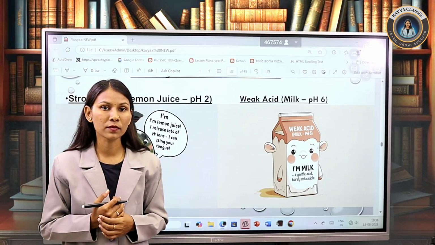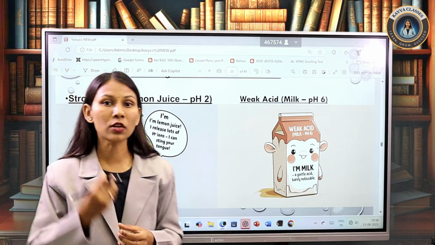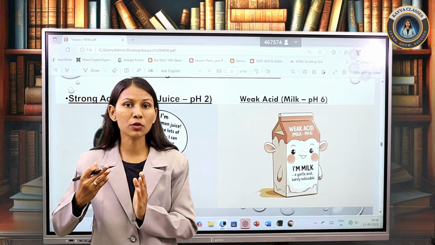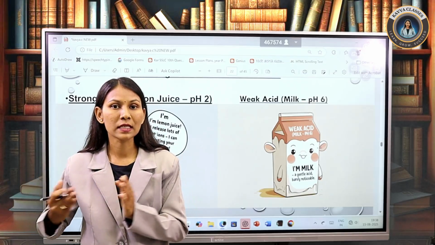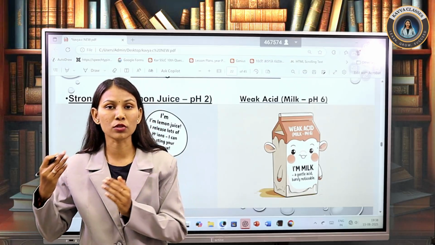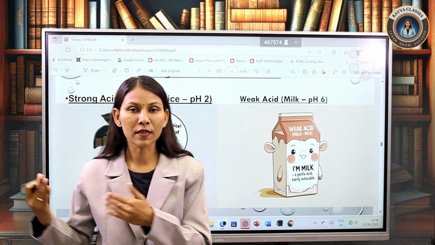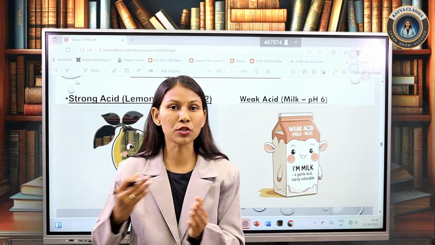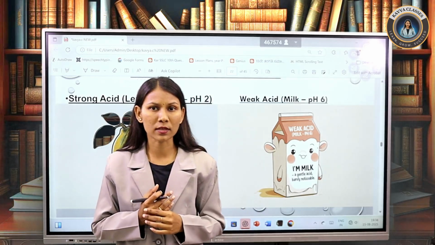What happens? The lemon stings your tongue, because it releases a large amount of hydrogen ions, meaning it has that much concentration of hydrogen ions. That is why lemon juice is considered a strong acid, children.